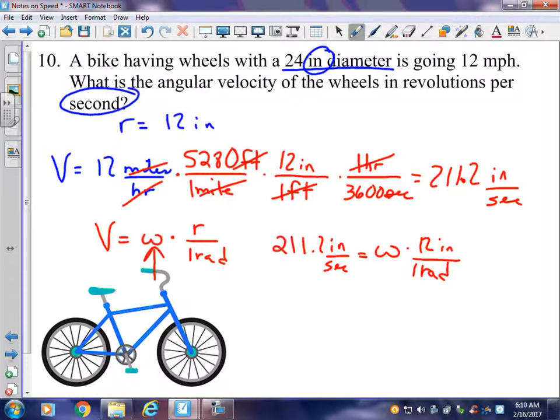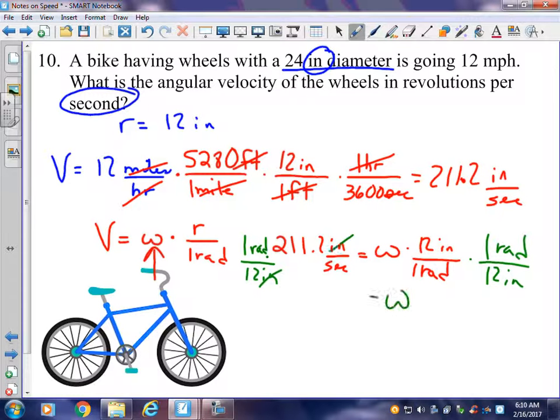So now we're going to have to solve this problem backwards. We're going to flip and multiply by 1 rad over 12 inches. That way we'll have omega by itself, and our inches are going to cancel.